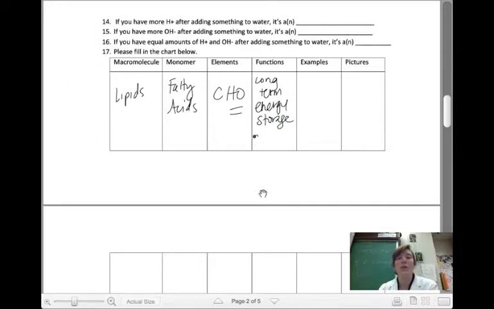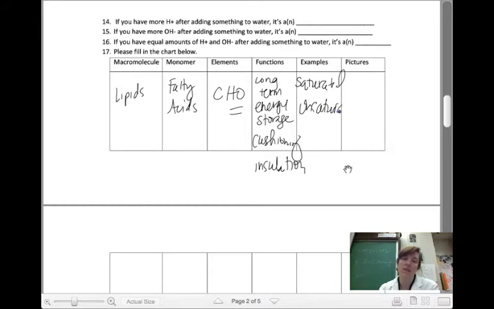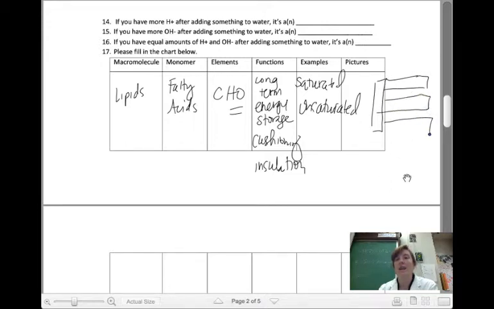But then we also have cushioning and insulation in the body. Two examples, we have saturated fats and unsaturated fats. And remember that lipids kind of look like the letter E. So we have these fatty acid tails hooked up to this molecule that we call glycerol. And that kind of makes our lipid.